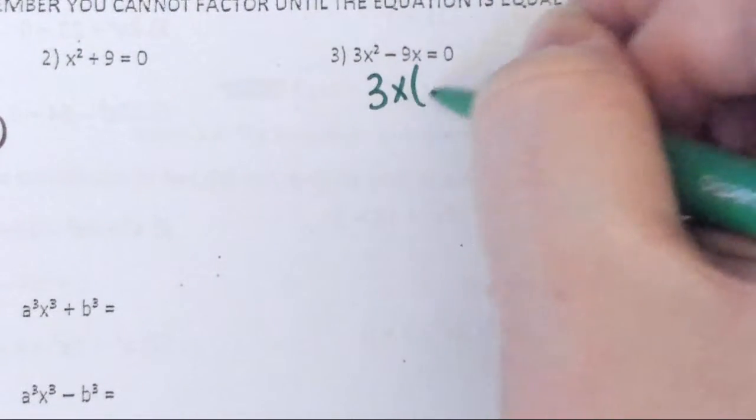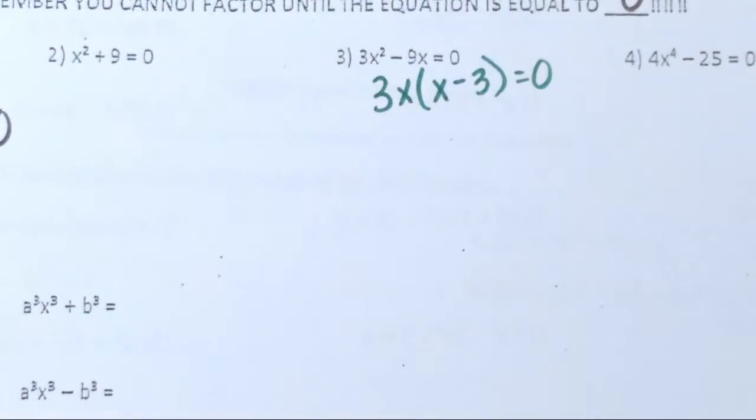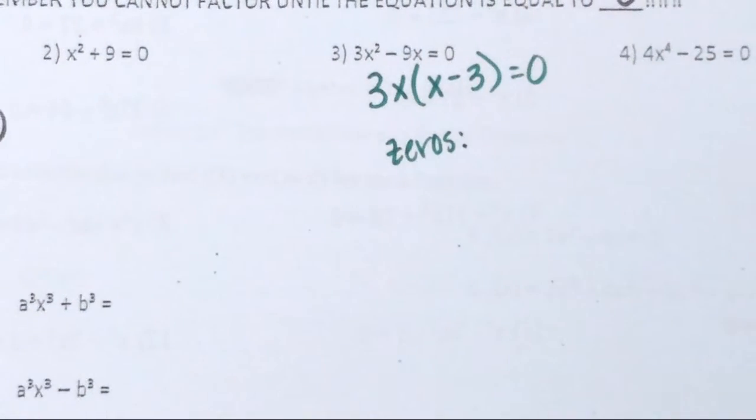And then what happens? Where are my zeros? Negative 1 and positive 3?